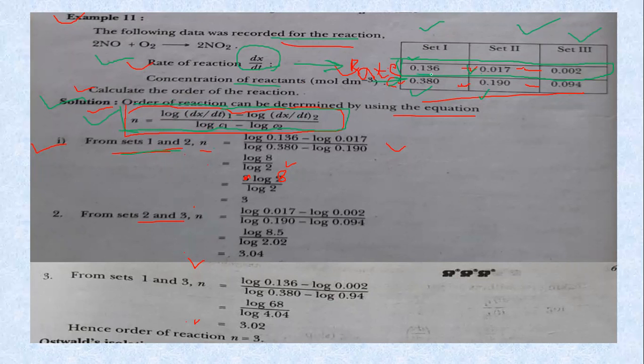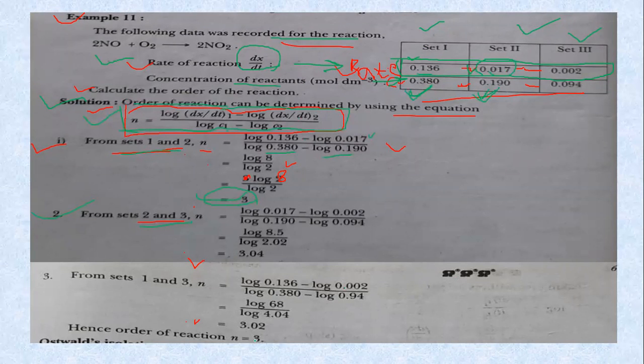Here it is 0.136, minus log of dx upon dt2, 0.017, upon log of concentration 0.380 minus log of 0.190. Once you take the log of this, minus log of this value, you get the value 3. What is n? The n value is 3. Now for the second and third set you do the same thing.